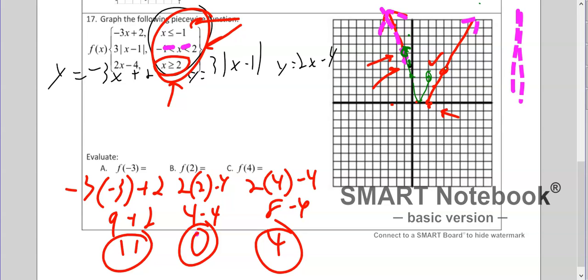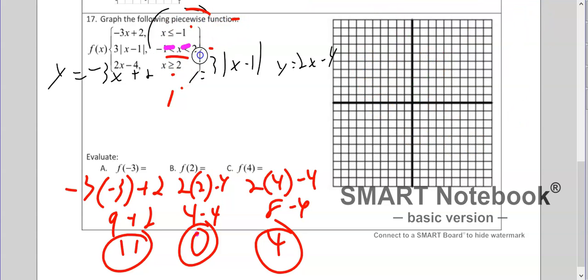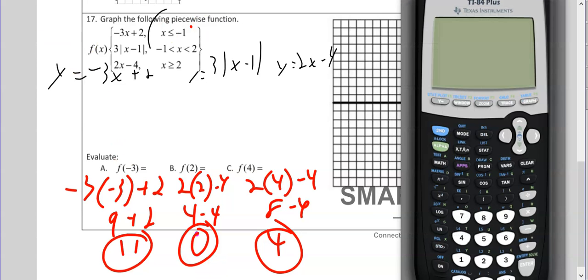Now, the other way to do this, which I think is a little bit easier and beneficial using technology, is use Desmos or your graphing calculator. So for the first one, -3x plus 2. So I'm going to clear out what I have here. I'm going to put in -3x plus 2.